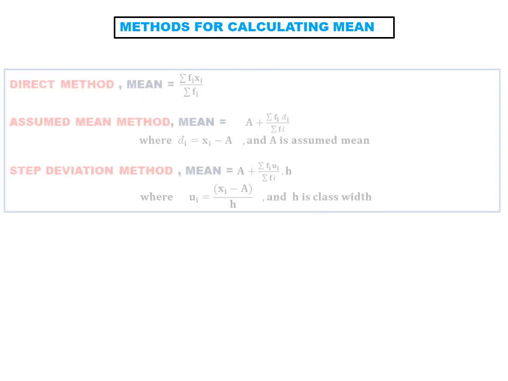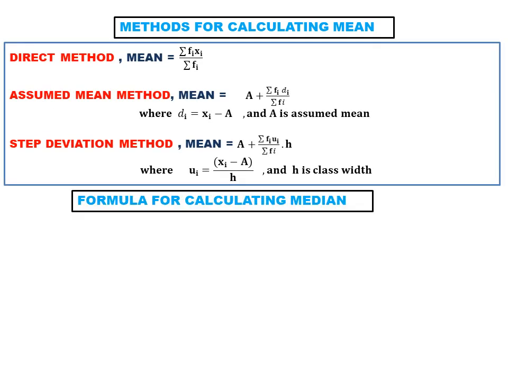So let's first see the formulas for calculating the central tendencies. The first one is for the mean. For calculating the mean, there are three basic formulas in your course: direct method, assumed mean method and step deviation method. Why do you need all these methods? Why not only one? Because in the direct method, if you have very big numbers, the calculations become a little difficult.